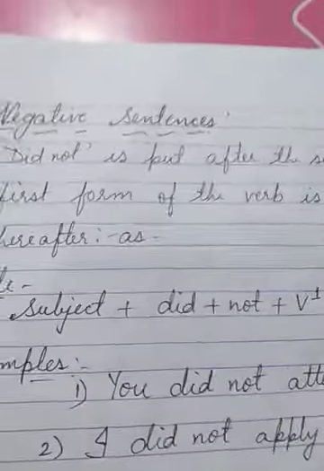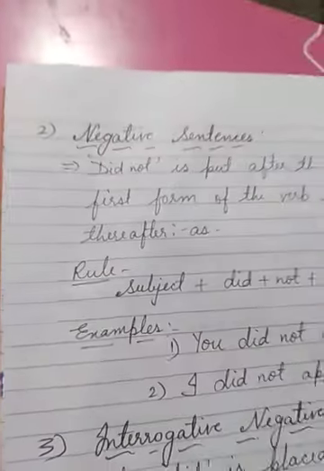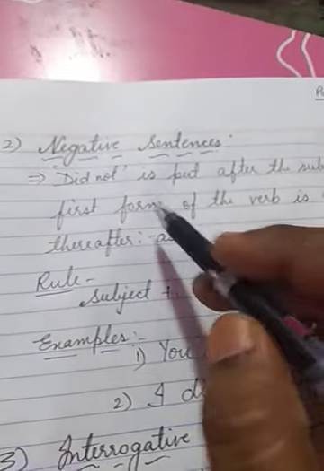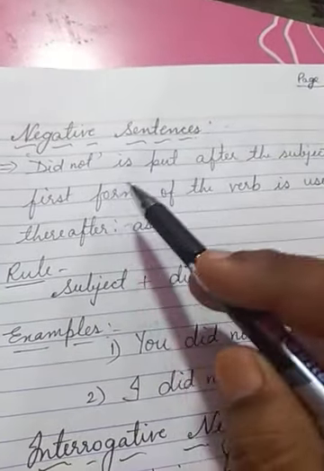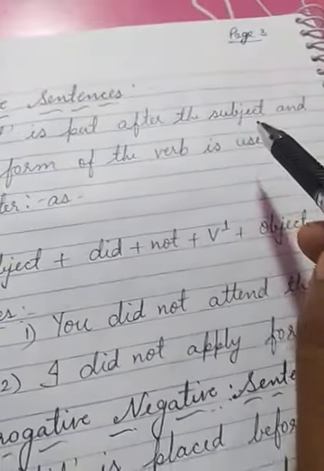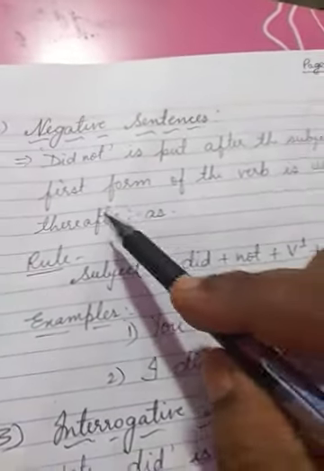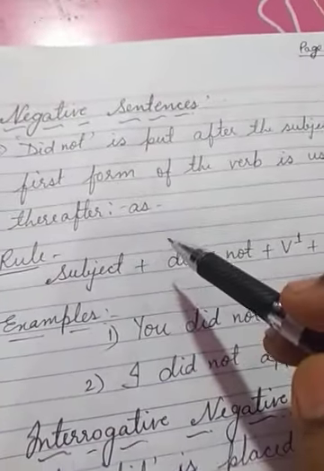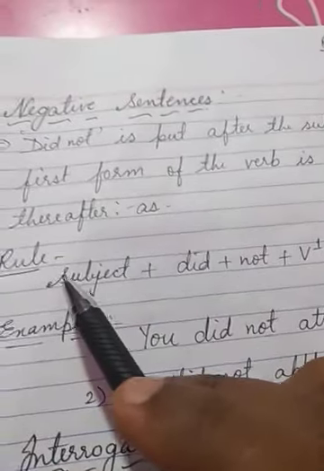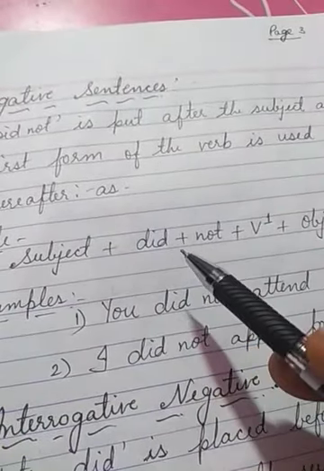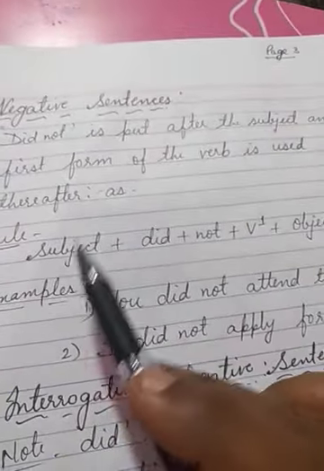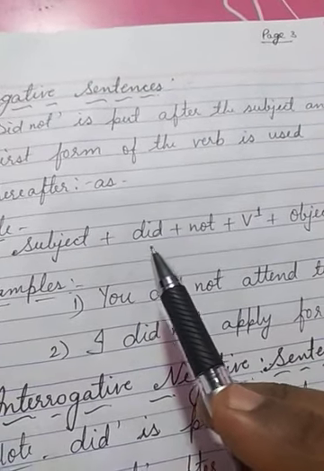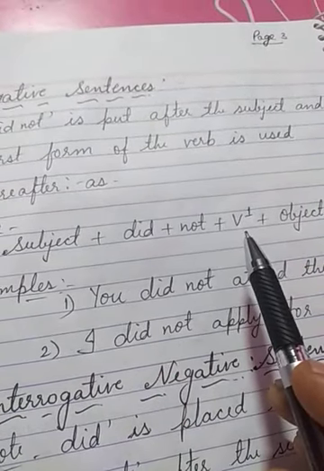Next is negative sentences. For negative sentences, we will write did not. Did not is put after the subject, and the first form of the verb is used thereafter. See the rule here: subject plus did not plus verb first form plus object. So remember this rule: whenever we use did, we use the first form of the verb.